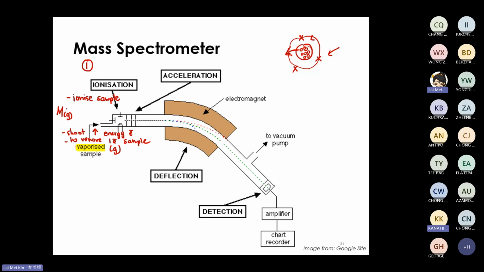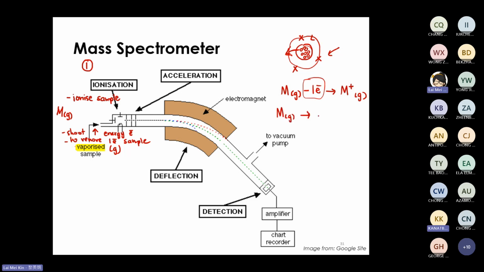So let's say my gaseous sample here is M. How do I write an equation to show that one electron has been removed? I remove one electron, so it's going to form M+ in gaseous state. But in chemistry, do you write minus one electron?